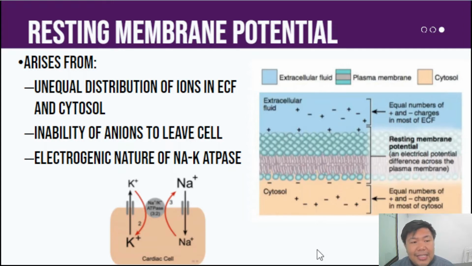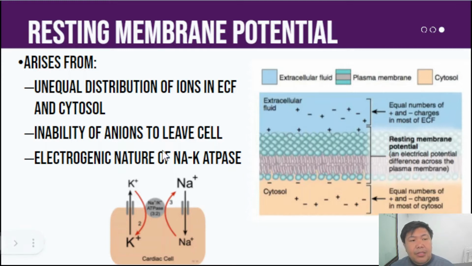And other than this, there is a pump that is called sodium-potassium ATPase. So what does the sodium-potassium ATPase do? If this is our nerve, and this is the sodium-potassium ATPase, again, it's a pump. It pulls in 2 atoms of potassium, which is why there is more potassium inside, and it pushes outside 3 atoms of sodium, which is why there is more sodium outside.